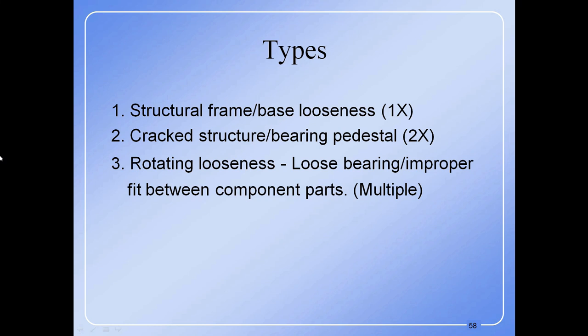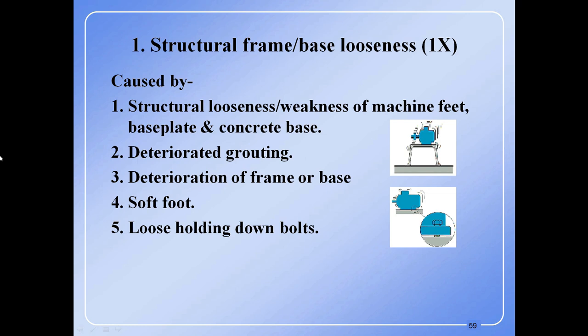Rotating looseness means a loose bearing or improper fit between component parts. Structural frame or base looseness, 1x, is caused by looseness or weakness of the machine feet, base plate and concrete base. Second point, deterioration of grouting. Third point, deterioration of frame or base. Fourth, soft foot, loose holding-down bolts.